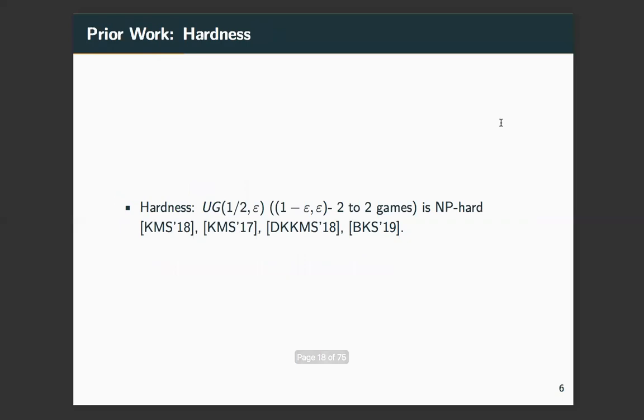On the hardness side, a series of recent works by Dinur, Khot, Kindler, Minzer, and Safra showed that the unique games problem with parameters half and epsilon is NP hard. This is also known in the literature as the 1 minus epsilon comma epsilon 2-to-2 games problem. Although this implies some hardness of approximation results, it is not sufficient to yield all the consequences of the UGC, and it turns out to be significantly weaker than the UGC.